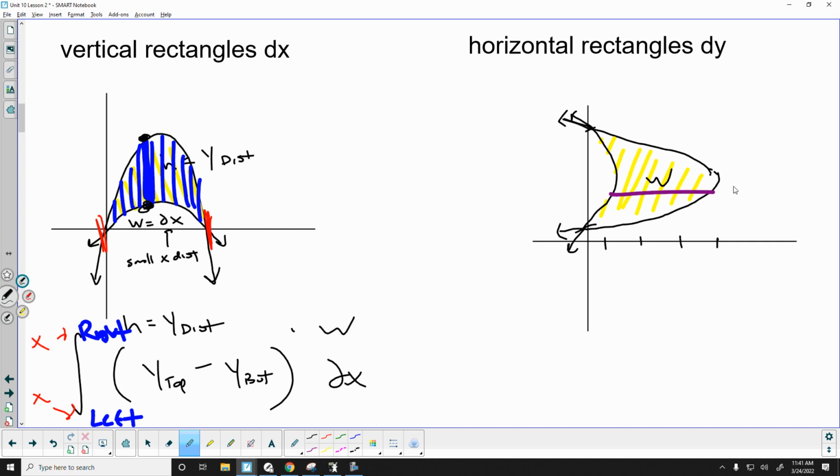The height is this length. One of the two is easily labeled because it's very small. Which characteristic of this rectangle is small? The height. And how would we label it? It's a very small y distance. Very good. If you understand that, you are paying attention.